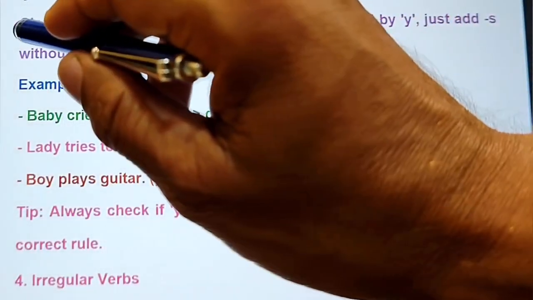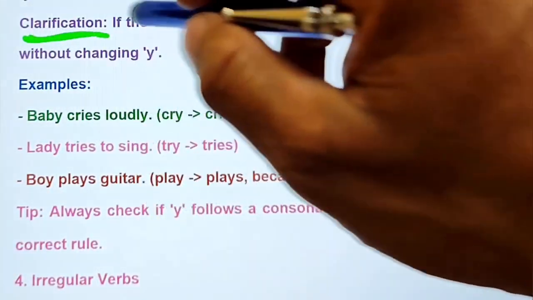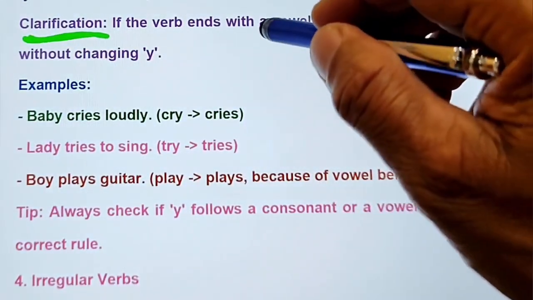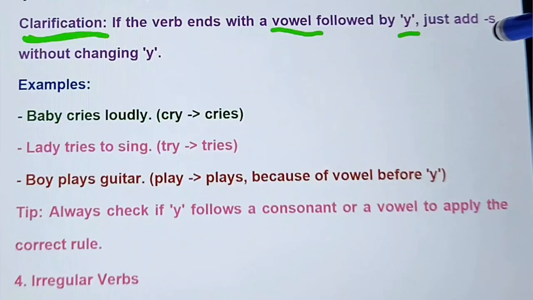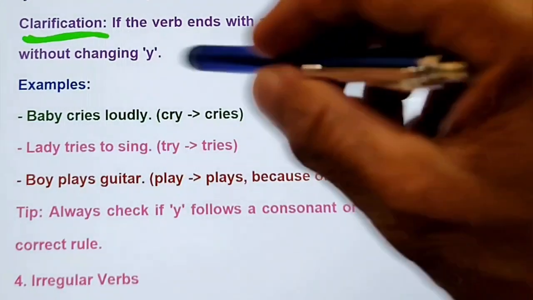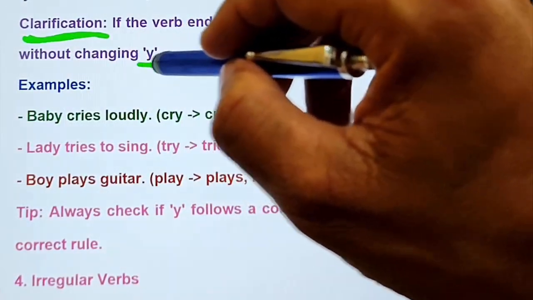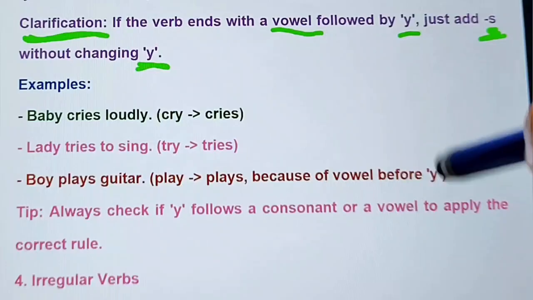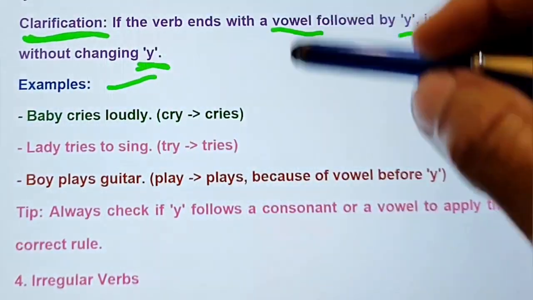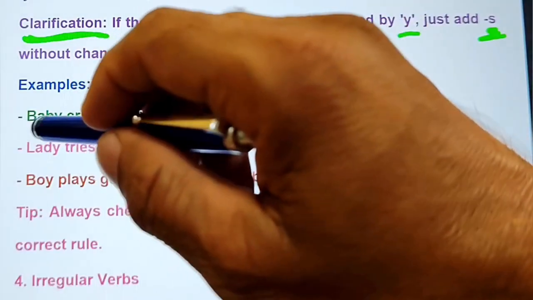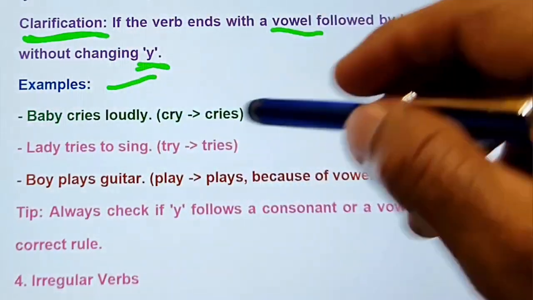We have further clarification here. If the verb ends with a vowel followed by y, just add s in that case without changing y. We have to remember that one. We have examples here for words ending with y. Baby cries loudly.